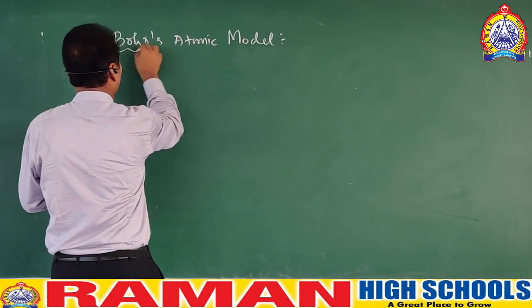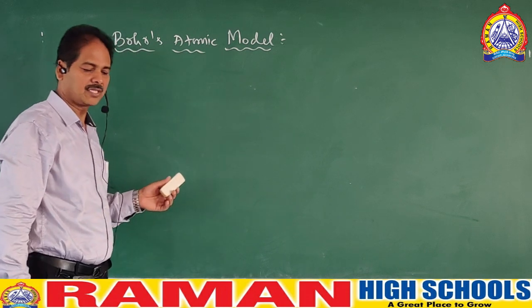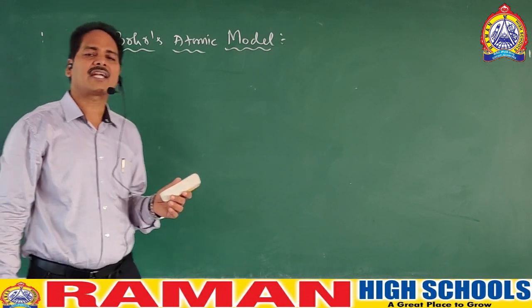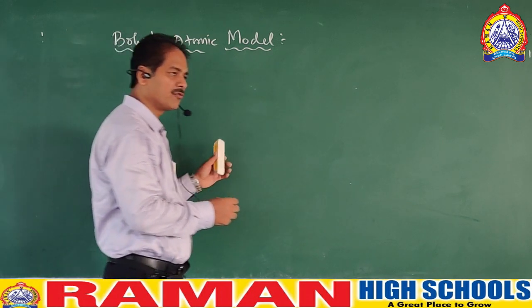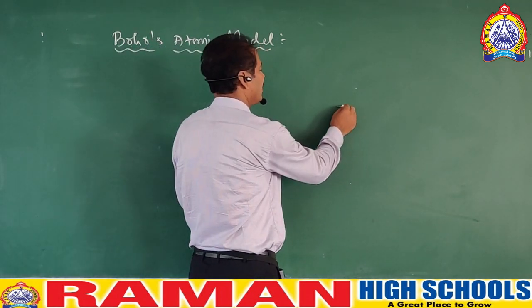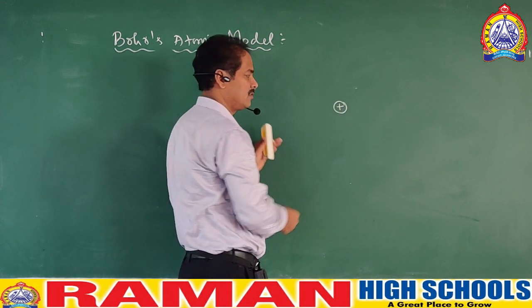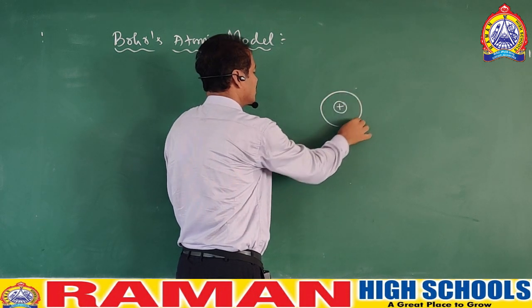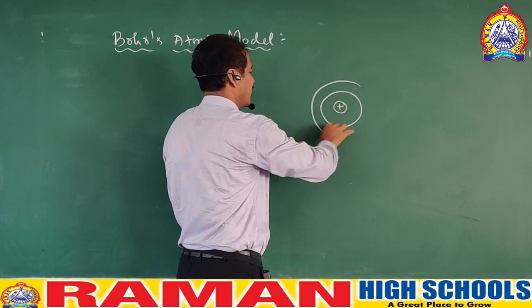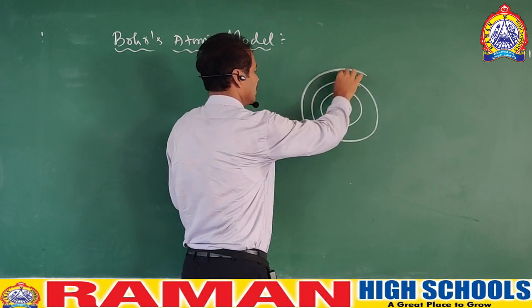So in Bohr's model, what Mr. Bohr has proposed is that the electrons in the atom revolve around the nucleus in definite circular paths. This is the nucleus. The electrons revolve around the nucleus in definite circular paths with high velocity.